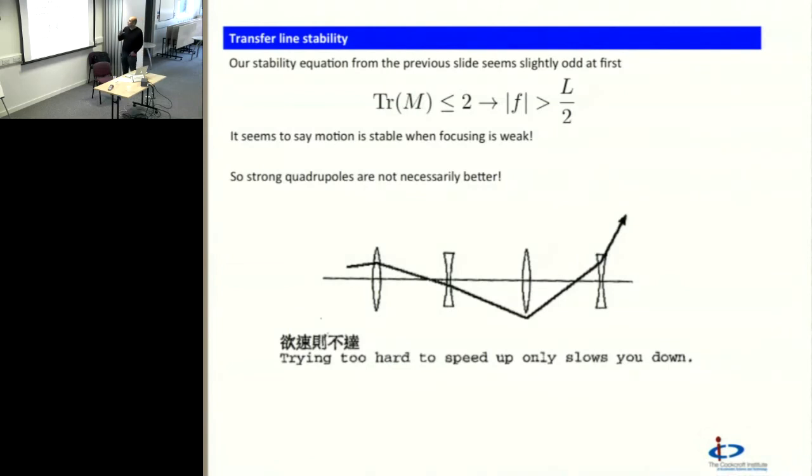A good starting point for codes like MAD is to compute the focal length by hand on a calculator, and have your initial conditions, before you start searching in your code for what your strength should be, obey this condition exactly. Your intermagnet drifts should be roughly the order of the focal length of your magnets. That's what you typically find in lattices. That's a good place to start.